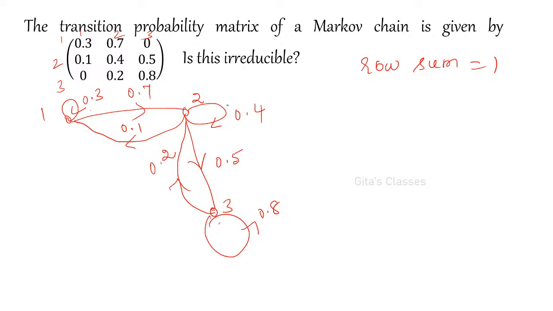The probability of staying at 1 is 0.3. I explained this in yesterday's class, the probability of remaining in the same state or going to the next state. If you want to check whether it is regular or not, you have to check that. Please listen to yesterday's class, then it will be easy for you. We have discussed that.